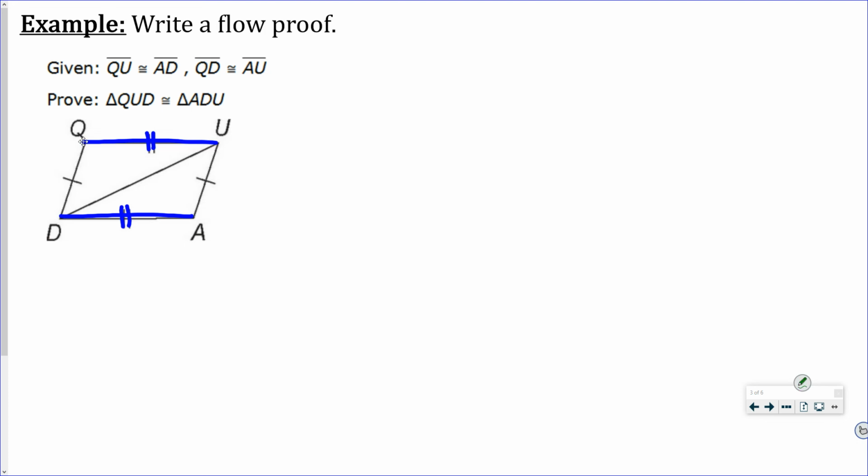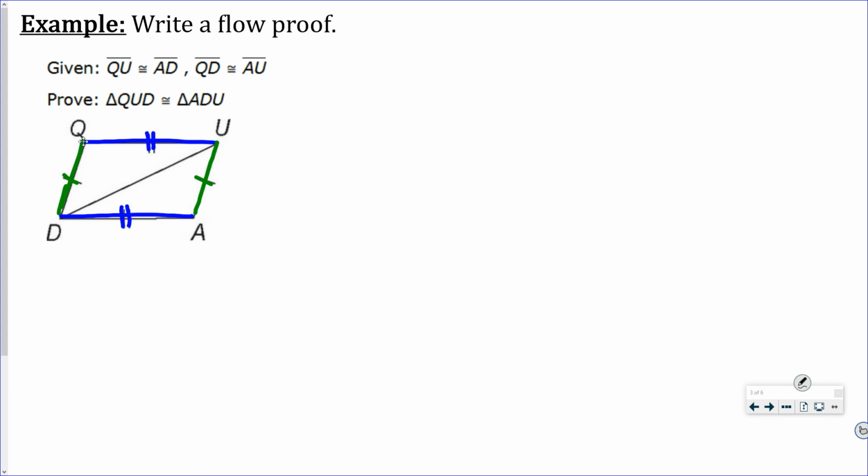We're also given that QD is congruent to AU, and they have the one hash mark there. All right, they want us to prove that triangle QUD, so it's kind of like the top triangle on that parallelogram, is congruent to ADU.